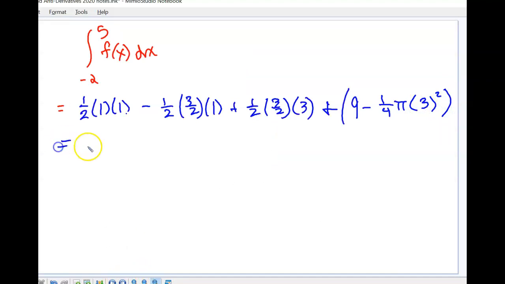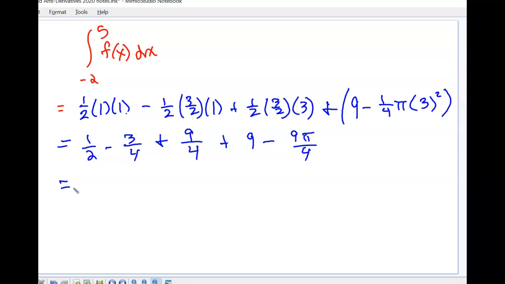So this ends up being 1/2 minus 3/4 plus 9/4 plus 9 minus 9 pi over 4.